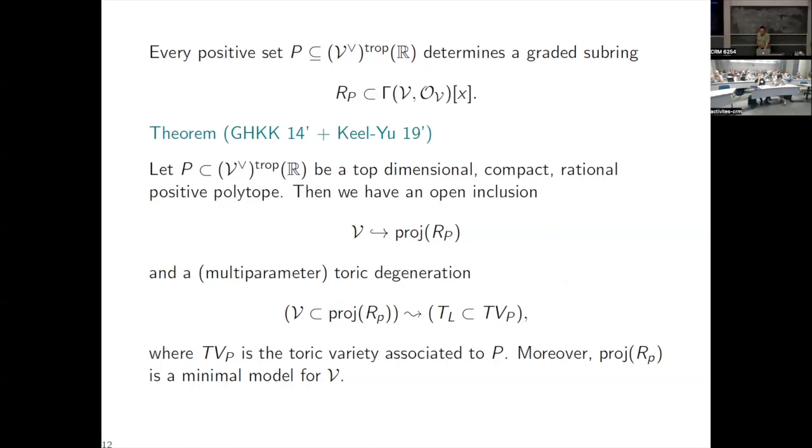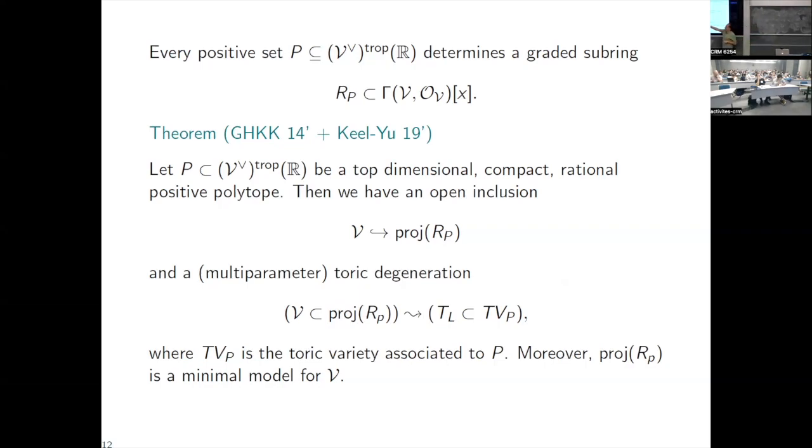That's what this theorem is telling me. And moreover, well, that's the important content of the theorem. I also have a toric degeneration that degenerates my cluster variety to a torus, and the compactification to the toric variety associated to that polytope. So the picture I'm using to compactify the cluster variety can also be thought of as a picture used to produce a projective toric variety, and I can degenerate one picture to the other using many parameters.